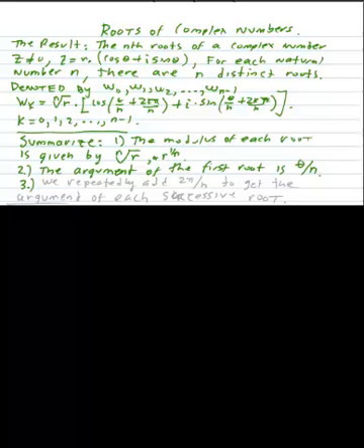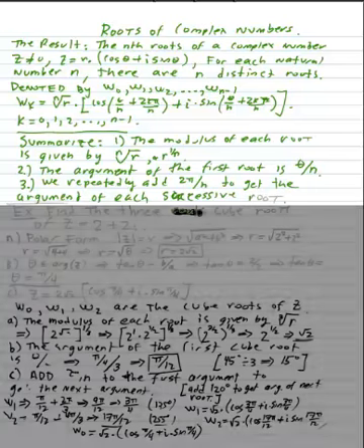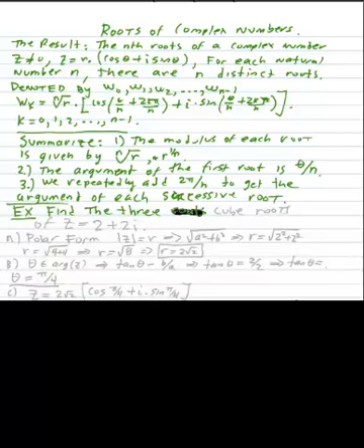And number 3, we repeatedly add 2π/n to get the argument of each successive root. For example, find the 3 cube roots of z = 2 + 2i.